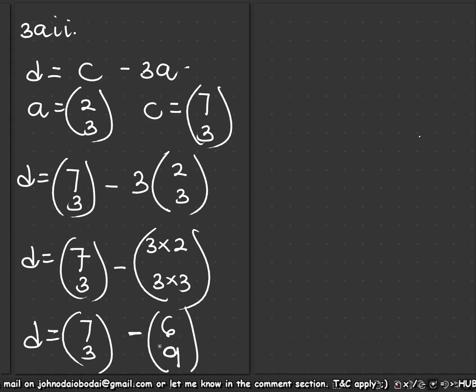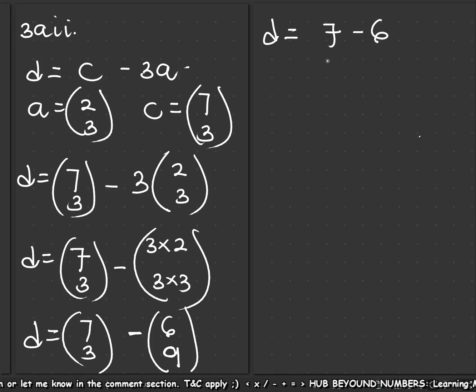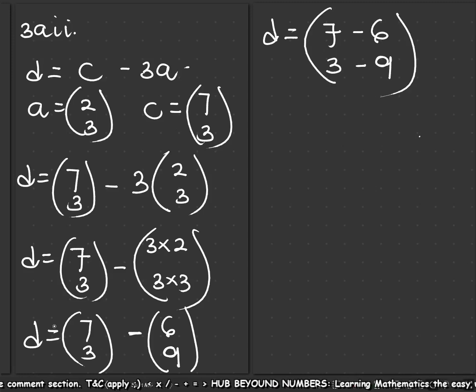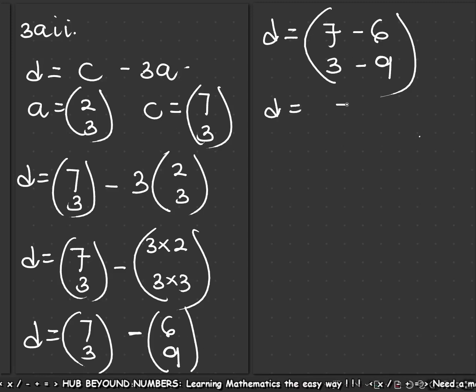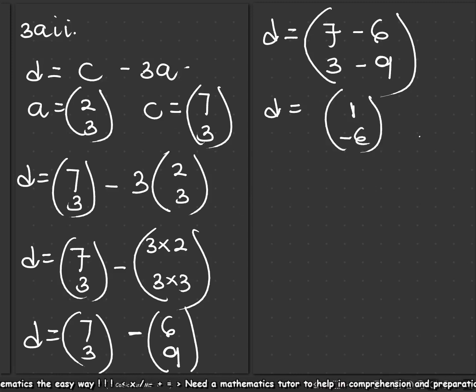We can now subtract these vectors, so that we have 7 minus 6, and then 3 minus 9. How are we getting 7 minus 6? X component minus x component, y component minus y component. So our d now equals (1, negative 6). This is the value of d we want.